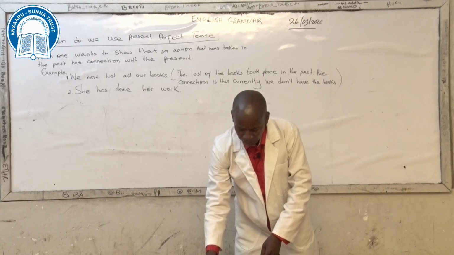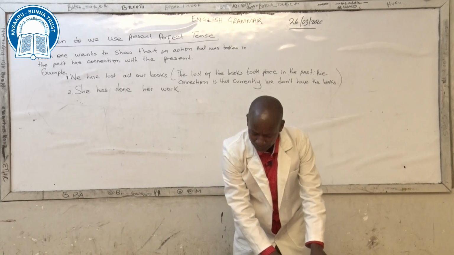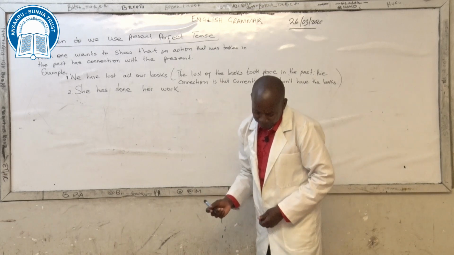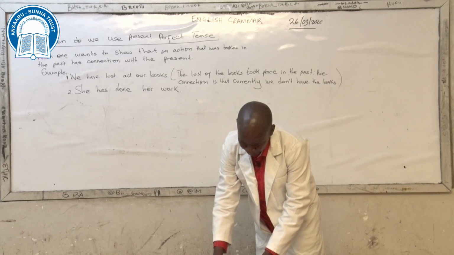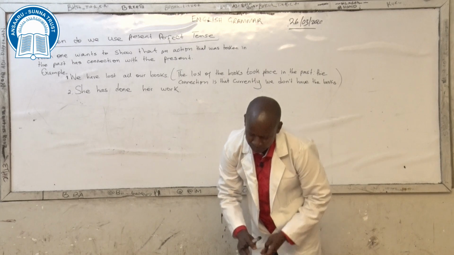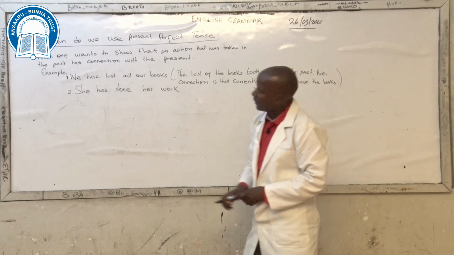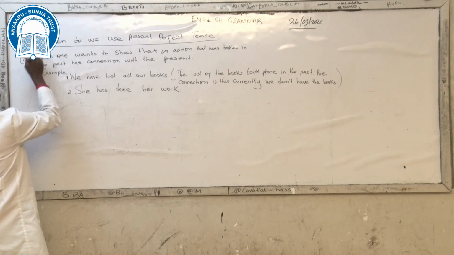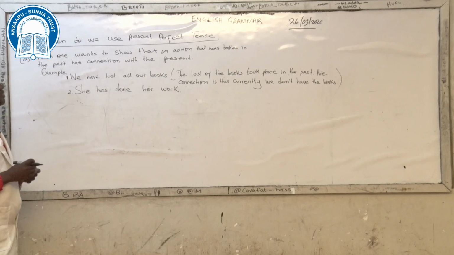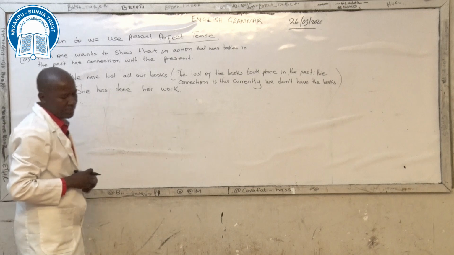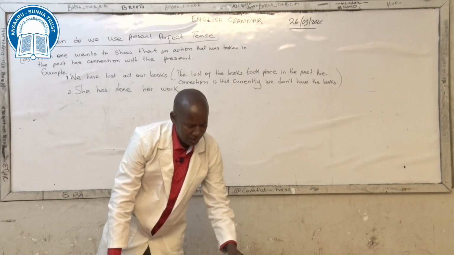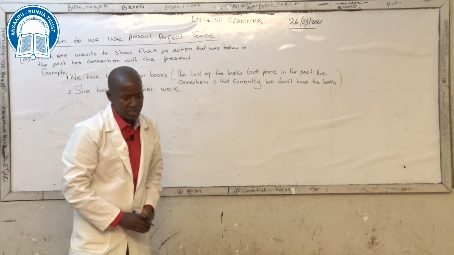The other aspect we look at, that was A, when we use present perfect tense. We can also use present perfect tense to talk about a period of time.